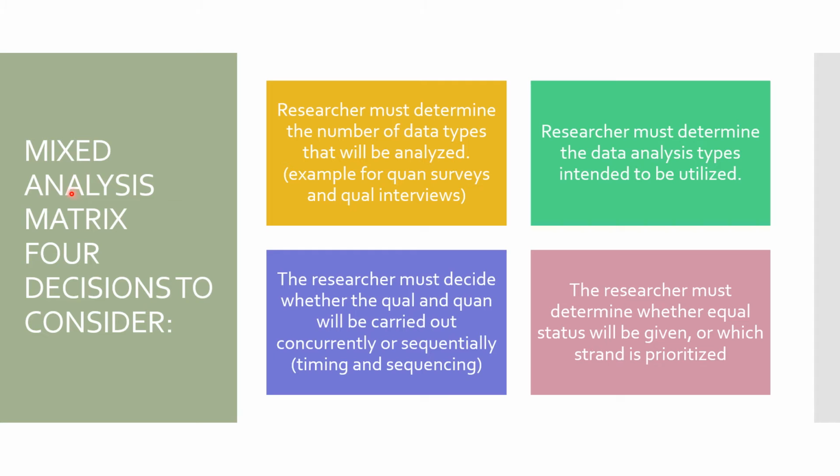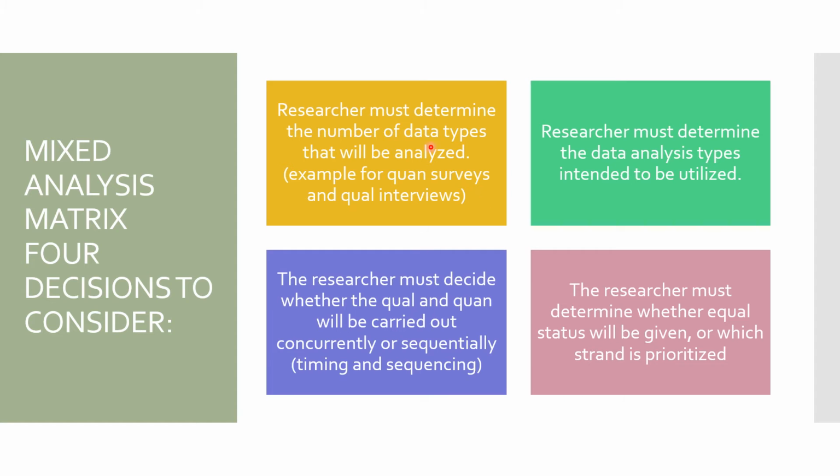Now, Onwuegbuzie et al. propose a matrix, and in this matrix, there are certain decisions we must consider. So there are 4 decisions we want to consider. The first one would be that the researcher must determine the number of data types that will be analyzed. So for example, for quant, you'll have your survey, questionnaire, and so on. For qual, your interviews, and so on.